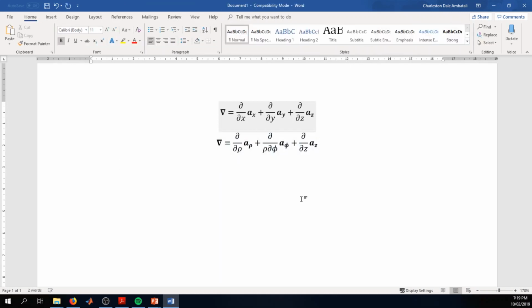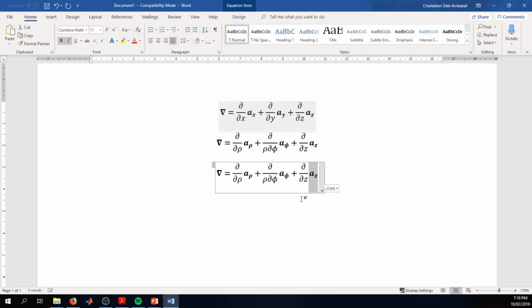Similarly, we can get the del expression in spherical coordinates. We're looking at a r hat, a theta hat, and a phi hat. A phi hat is still the same, but instead of using rho, we're using the radius r sine theta, since this is the radius of the circle along that sphere.